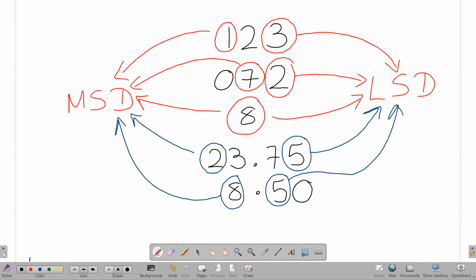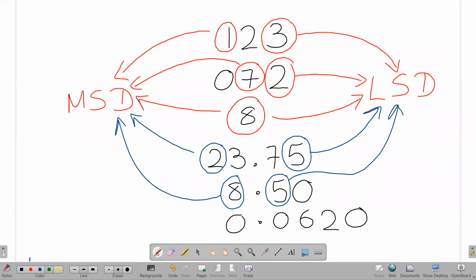Okay, now what happens if we get something like this? Let's consider 0.062, and I put a 0 over here as well. Now we have to be very careful. In here, there is nothing in the whole number part. It's a 0. The most significant digit is 6 and the least is 2.